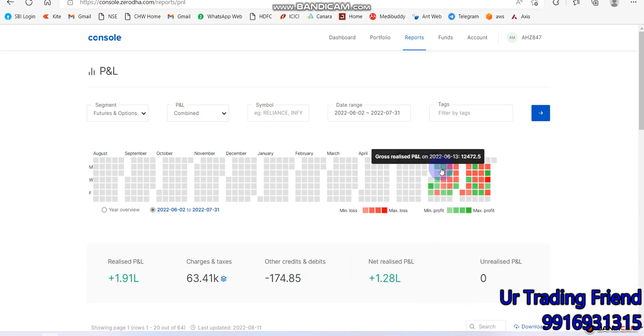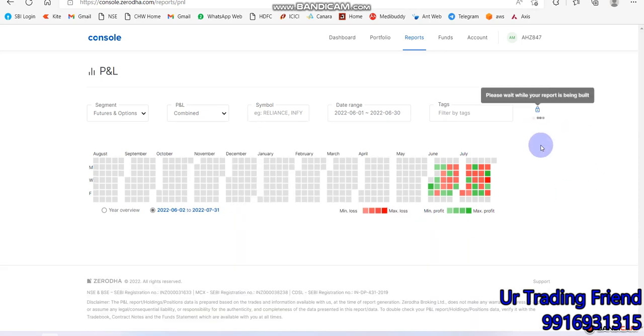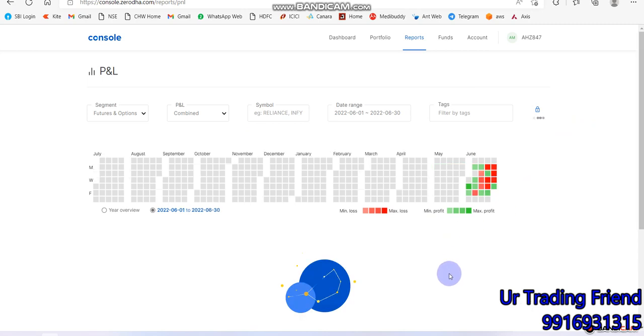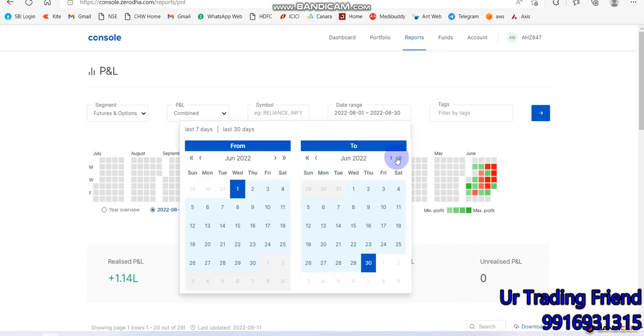In June you can see there are more greens, so definitely I am in good profit. June performance is almost 96,000, because you are seeing more green here, so definitely we are positive. Even when you are seeing more red, we are closing in green.